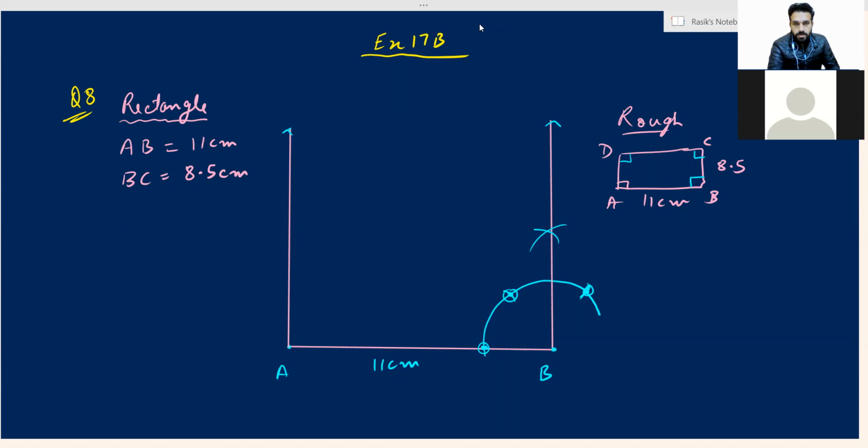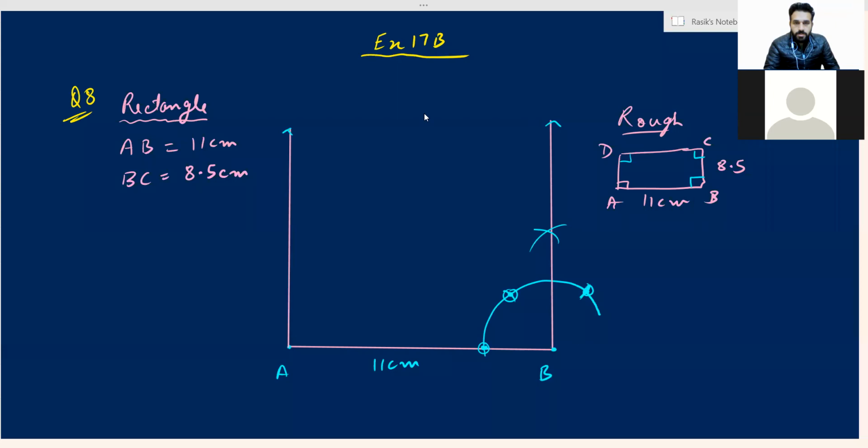Beta, write in the chat box. Pranjali is disconnected. Anjali, can you write in the chat box? I'm not able to understand what you are saying.